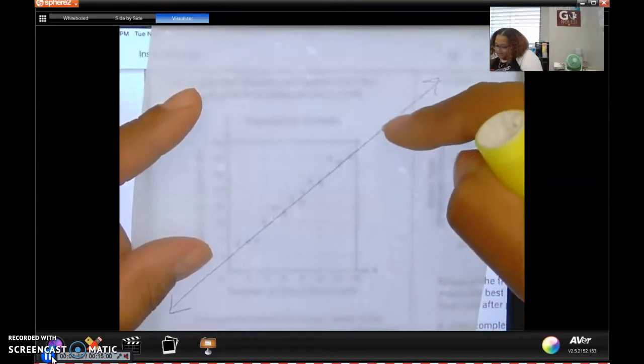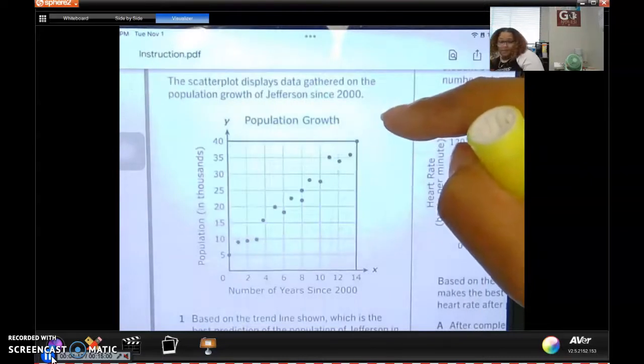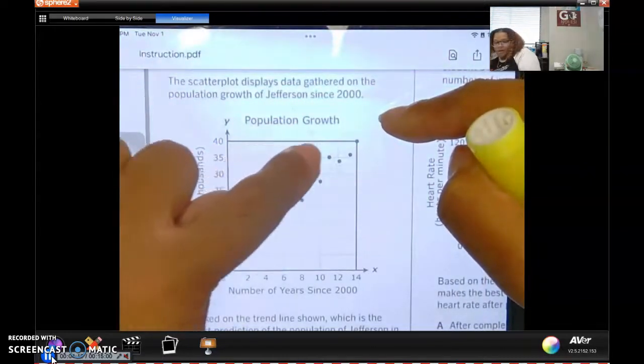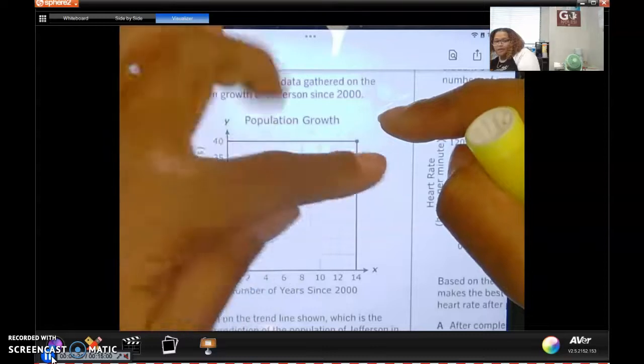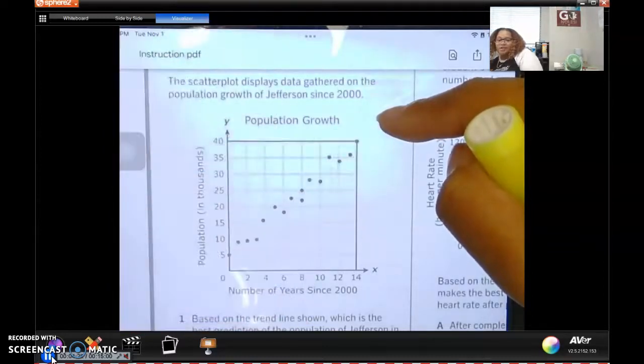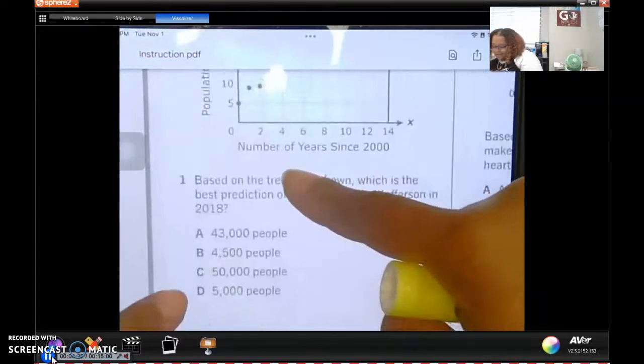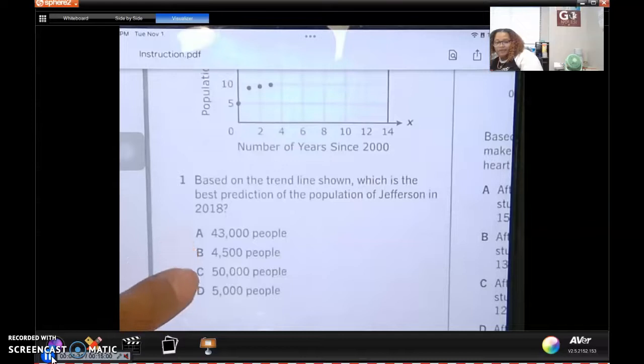So I would extend it to about right here, and then it would end up being up here, which is well beyond my 40 right here, because this is the line that I'm looking at as a cap of my data. So past 40,000. So looking at these estimates, I've got 43 and then I've got 50.